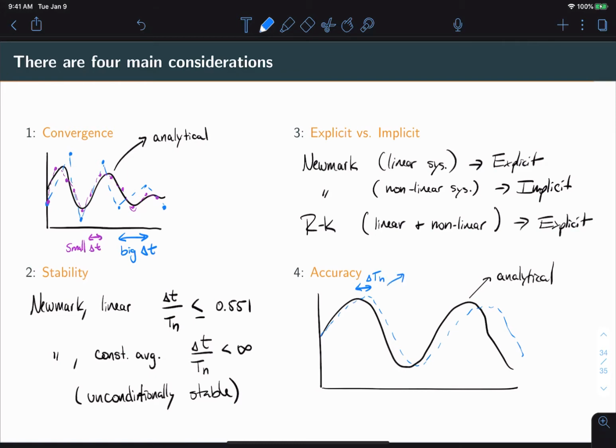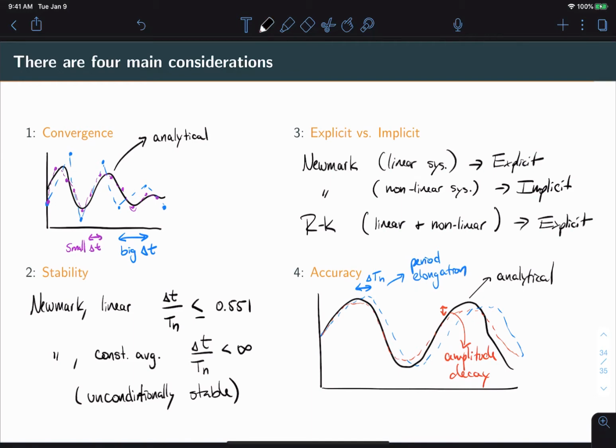This is what we call period elongation. You could also have a solution that decays over time. This is what we call amplitude decay. And it's something that can happen with certain numerical methods.